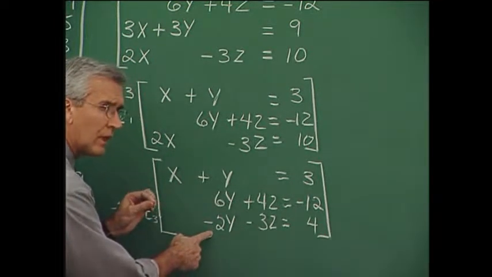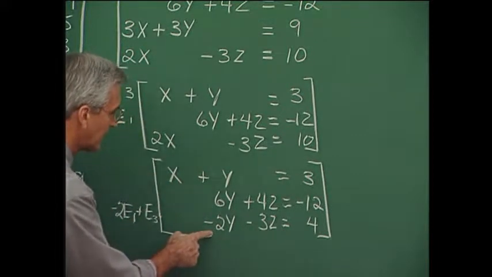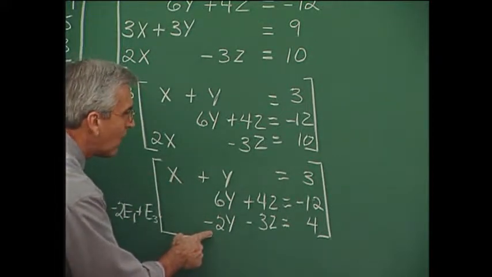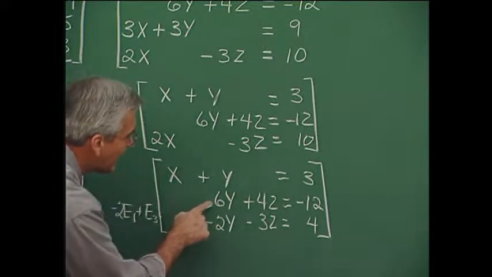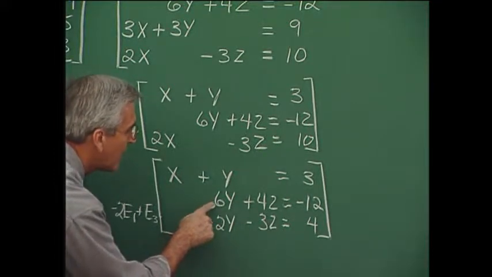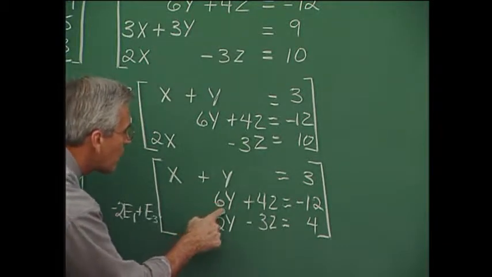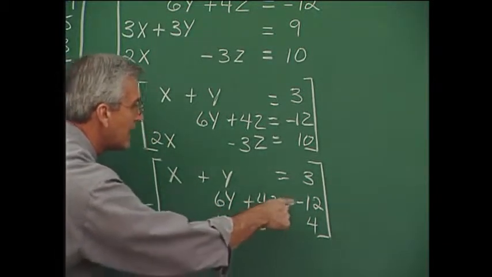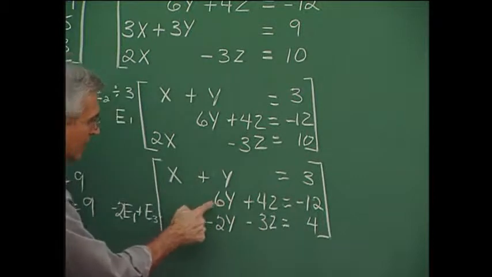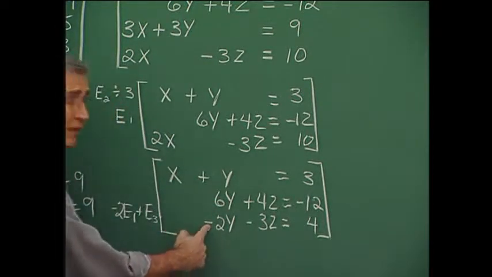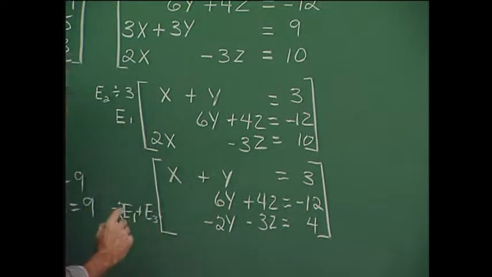Now, a way to deal with it is like this. We could divide here by 2, and have 3y plus 2z equals negative 6. And then we have that difference that we're talking about. Then we could add the two equations.